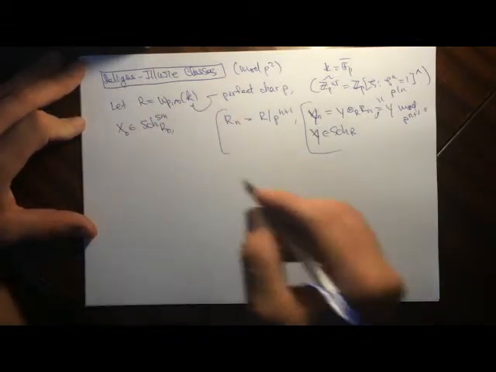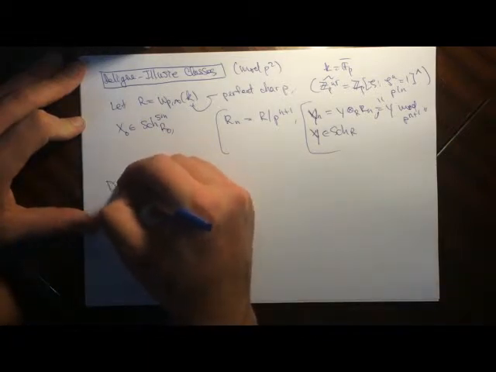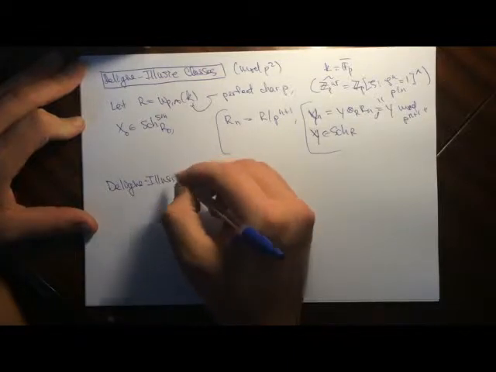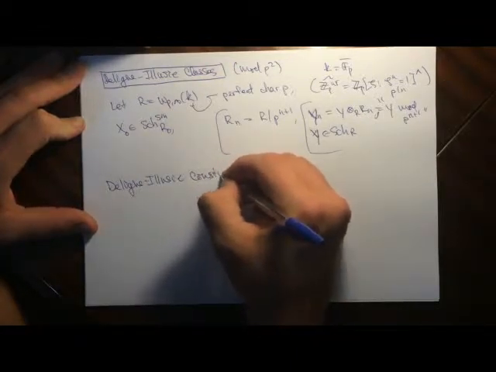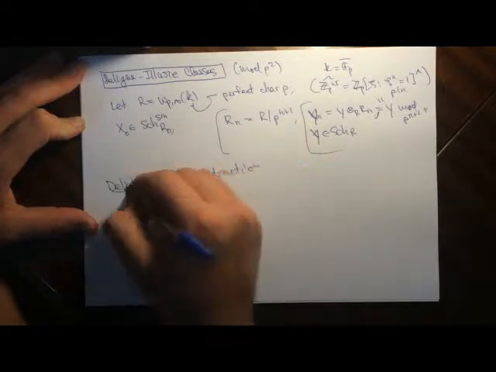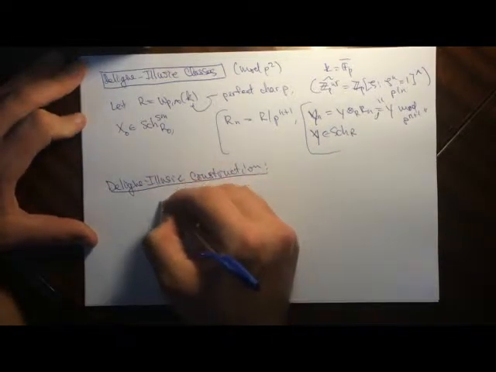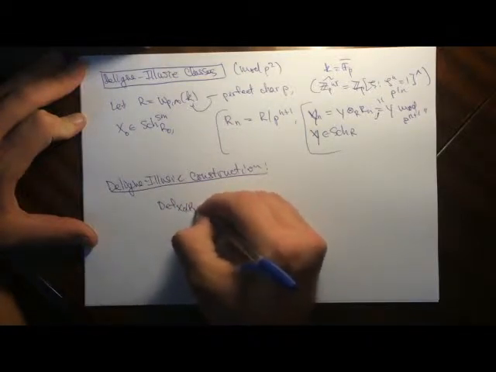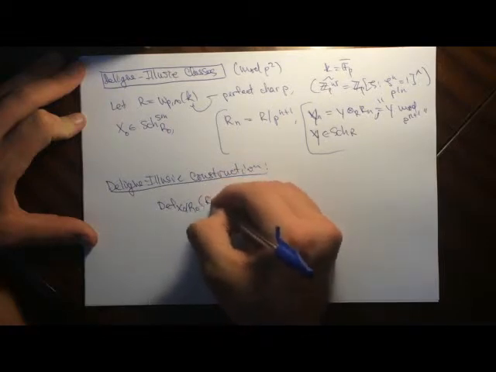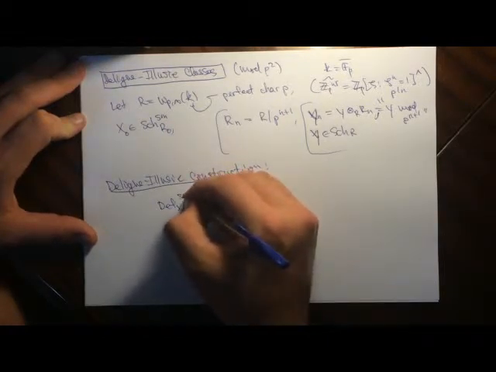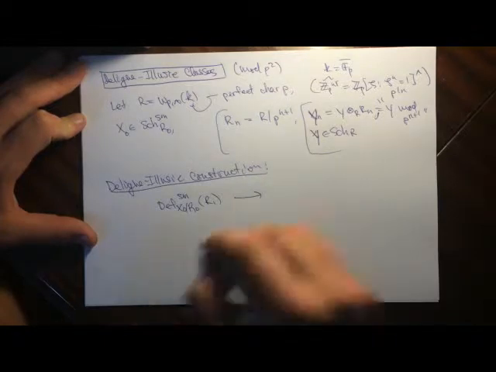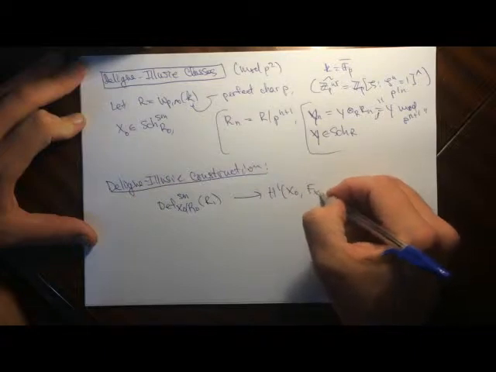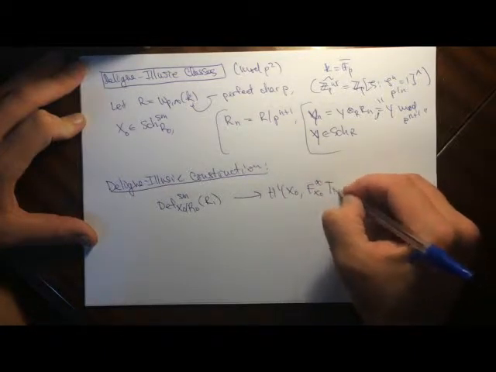And so I want to show you a construction, the Deligne-Illusie construction. Okay, so it takes smooth deformations of X_0 from R_0 to R_1 to H^1 of X_0, with F the absolute Frobenius.